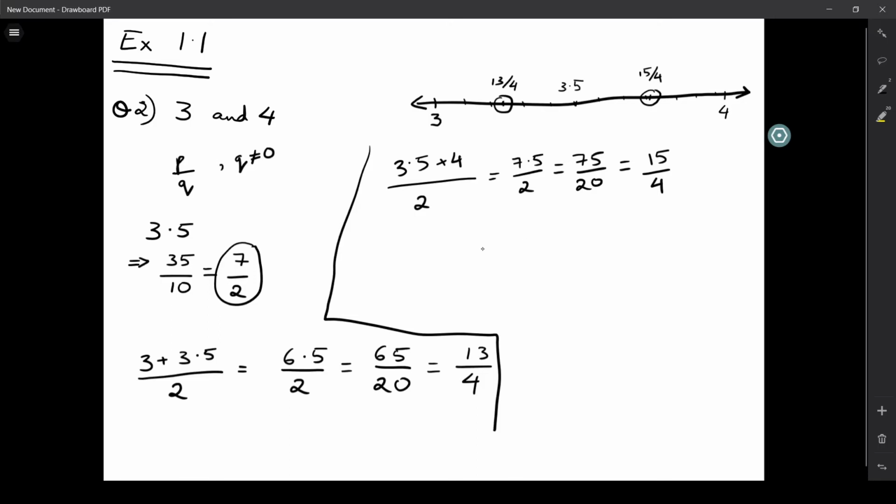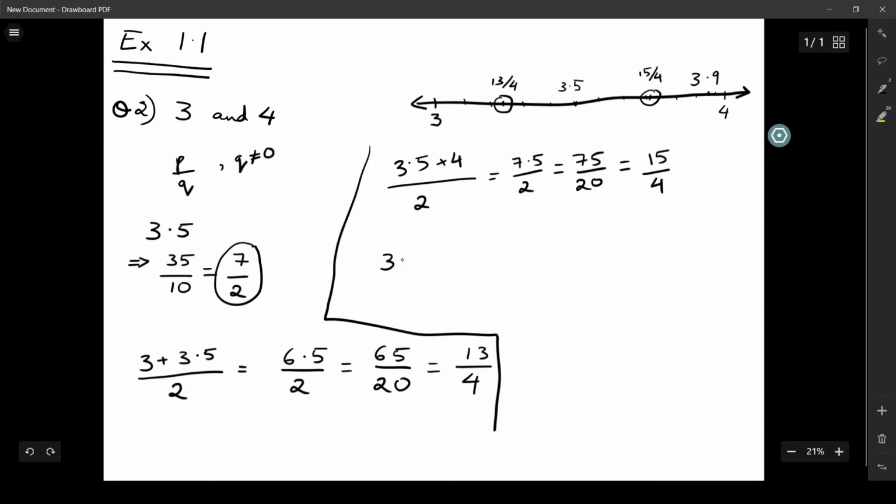The midpoint way is one way to do this. There are n number of ways to get a number between 3 and 4, right? For example, let me take a point close to here, which could be something like maybe 3.9, right? 3.9 is also a number between 3 and 4. And it is definitely a rational number.